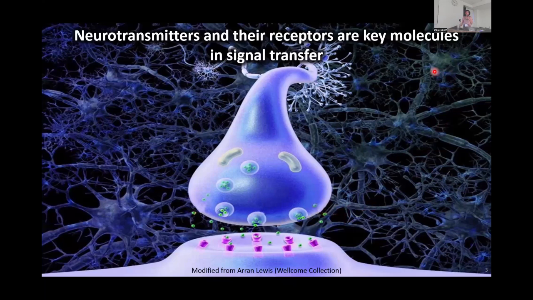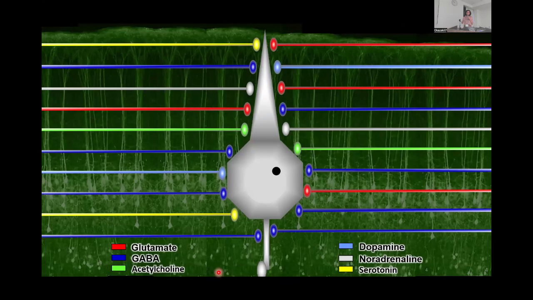Thank you. Yes, so neurotransmitters, these little green balls in this slide, are released into the extracellular space, and they bind onto receptors on the target neuron. The receptors are indicated here by the pink cylinders. Now, it's important for you to know that in vivo, every single neuron can be targeted by very many other neurons, okay?